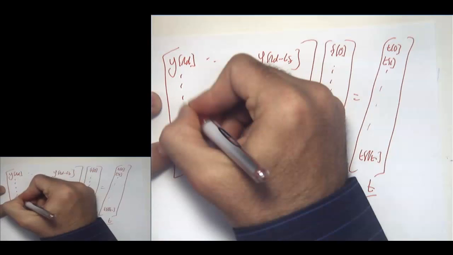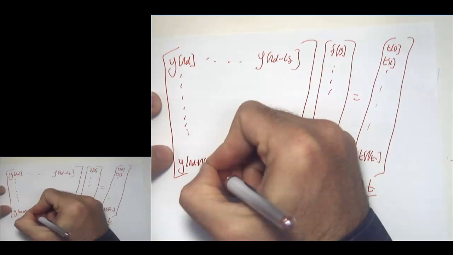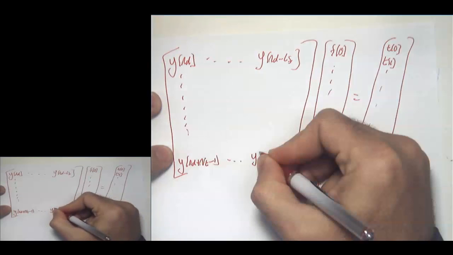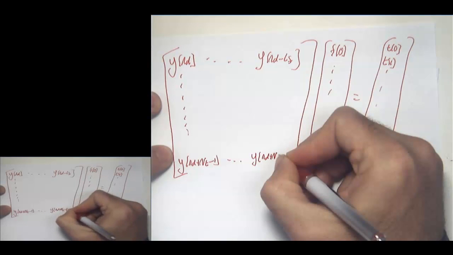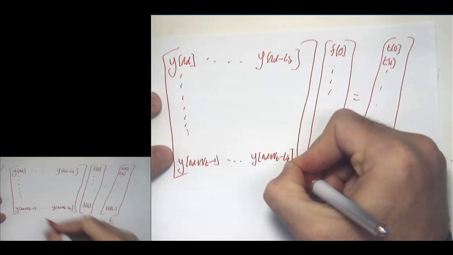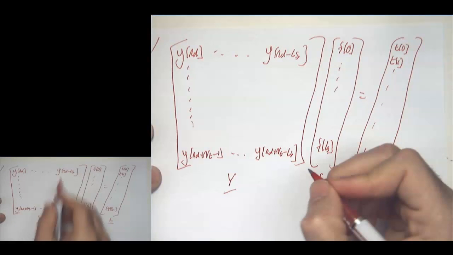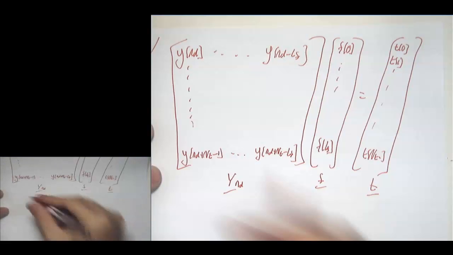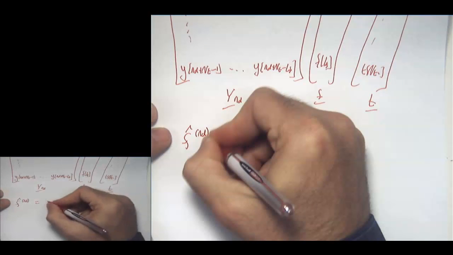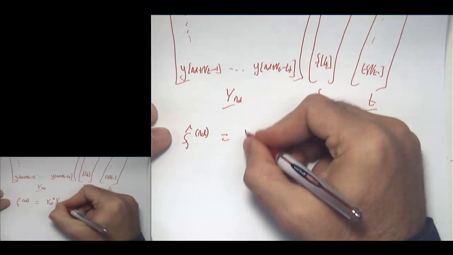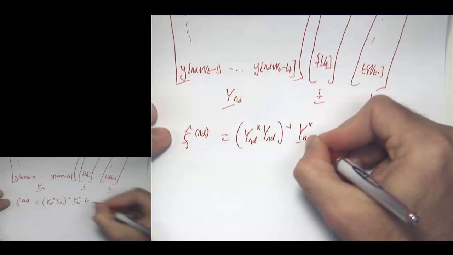And then just continuing on, we get down here to y of nd plus nt minus 1 through y of nd plus nt minus 1 minus LF here. And we're going to call this matrix Y. We'll put a little nd here just because it is a function of the y here. So we get out that f hat is equal to Y sub nd star Y sub nd inverse, Y star times t.